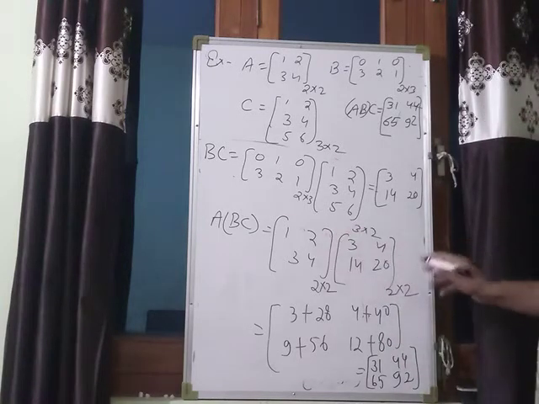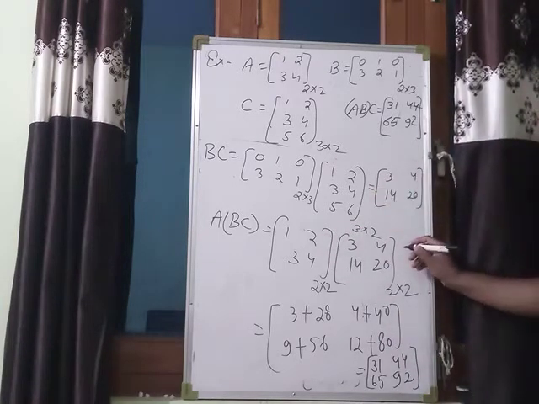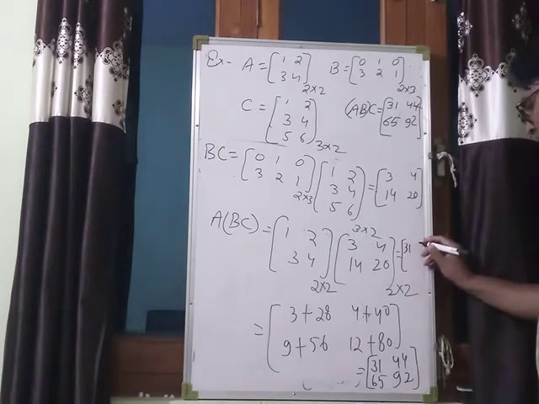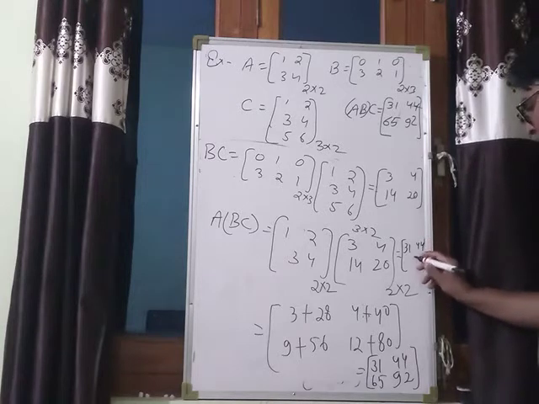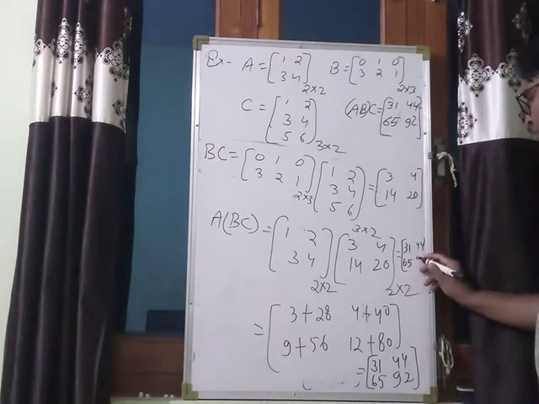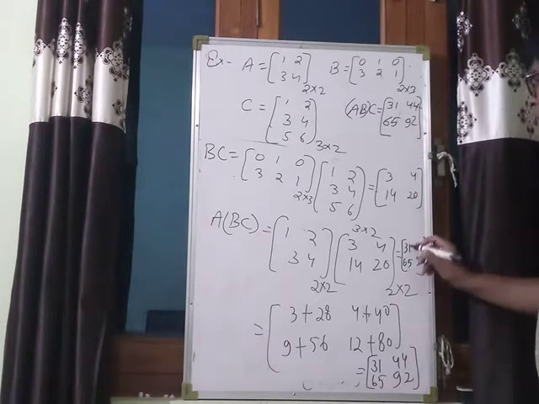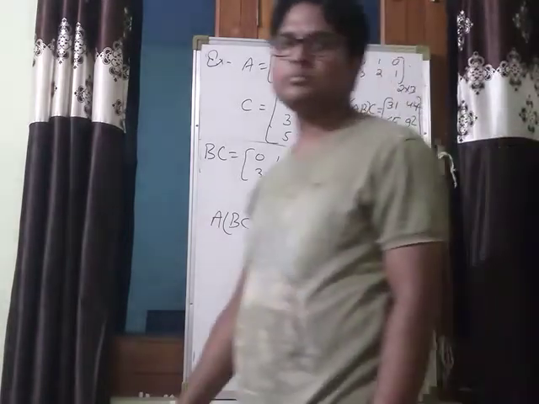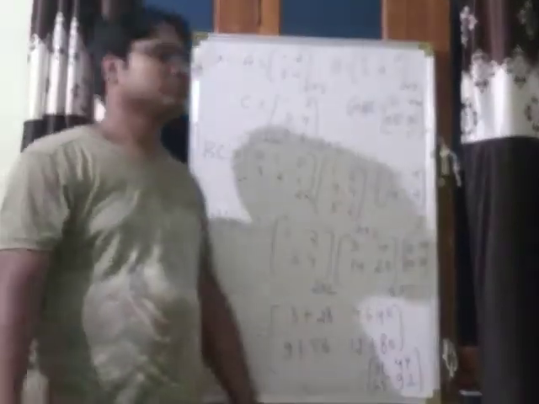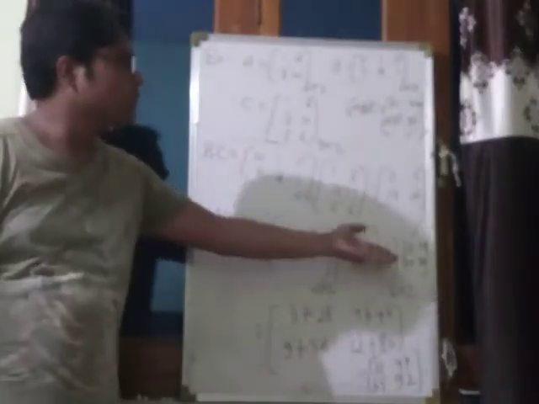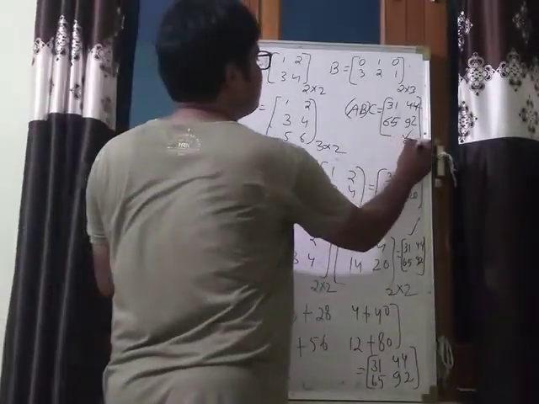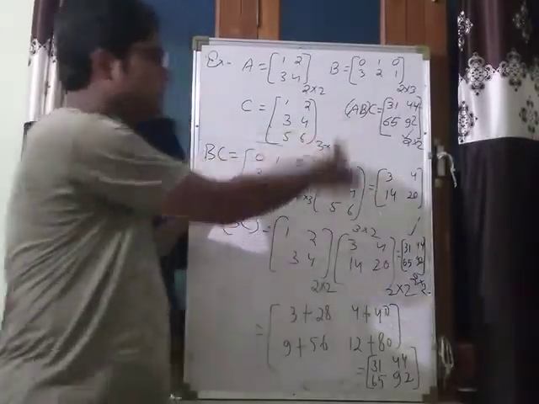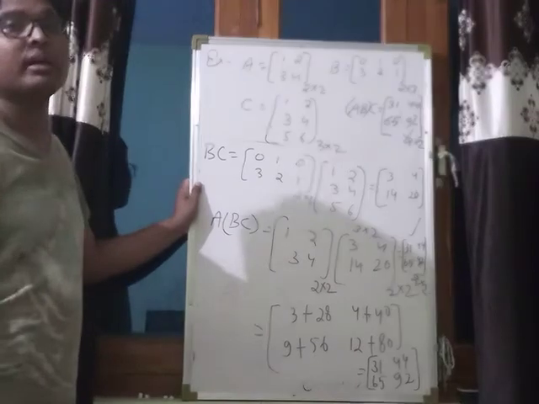Means A into BC is equal to 31, 44, 65, 92. Now check this one and this one. They are equal. This is a matrix of order 2 by 2, this is also a matrix of order 2 by 2, and you can see their corresponding entries are equal.